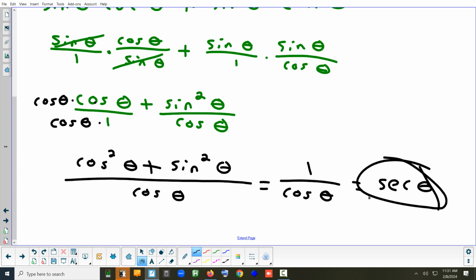Would you still have reached the correct answer if you cross canceled cosine squared and cosine to make it cosine plus sine squared over 1? Cosine squared is cosine times cosine plus sine squared.